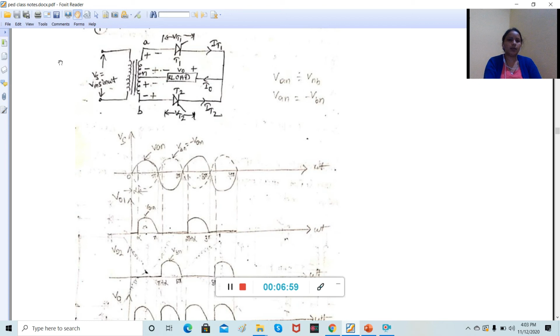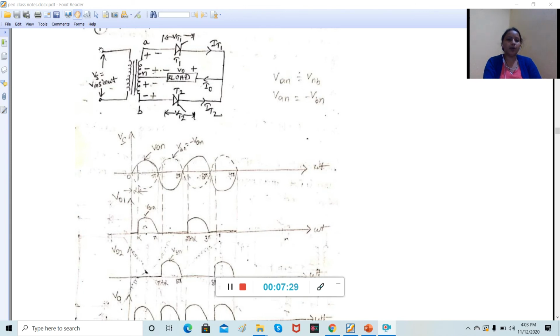When I give positive supply at this point and negative at this point, then A is positive, N is negative, then N is positive, B is negative. That means when A is positive and B negative, T1 is forward biased and T2 is reverse biased. T2 reverse biased means T2 is off.